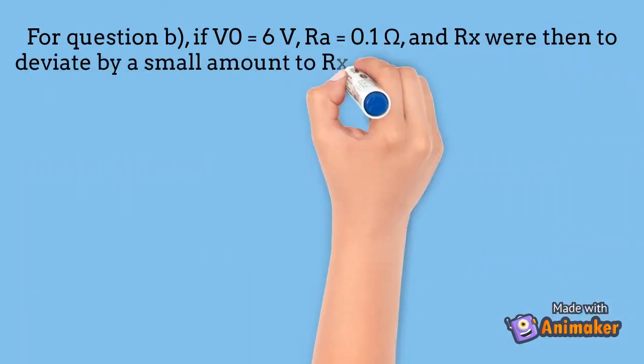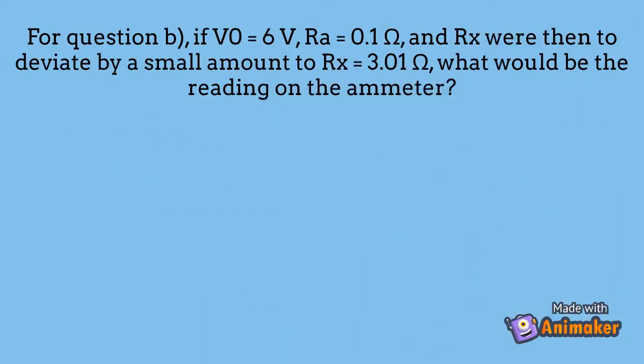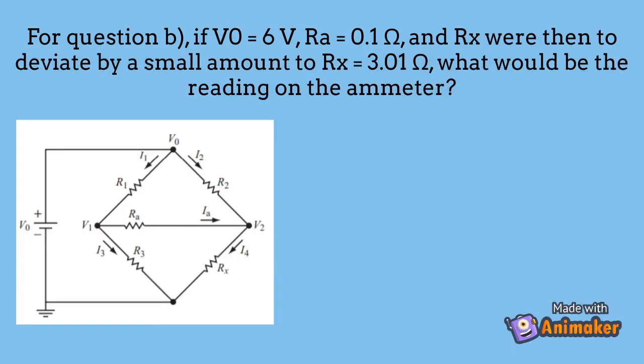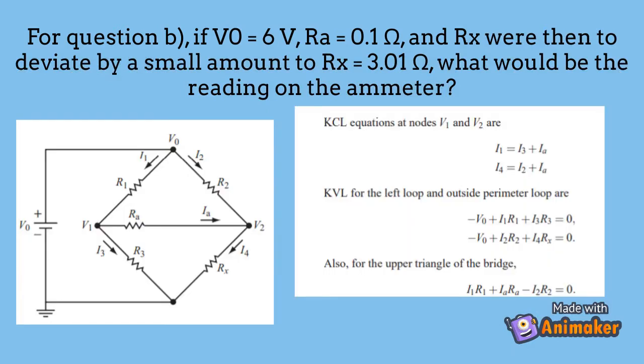Next, for question B, we need to find the ammeter current IA in the middle. We apply the KCL equation at nodes V1 and V2, which is I in equals I out. So I1 equals I3 plus IA, and I4 equals I2 plus IA.